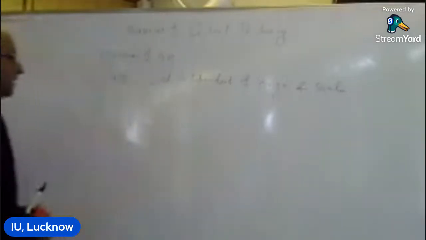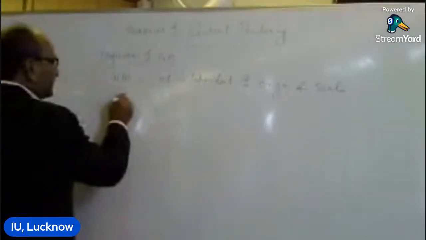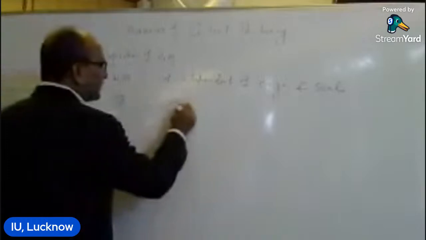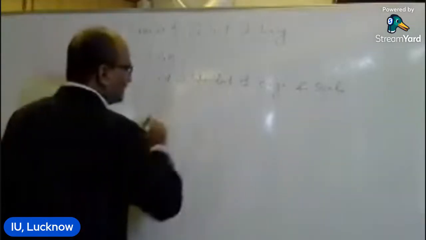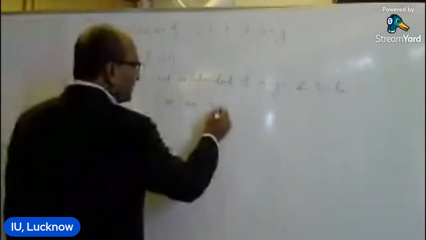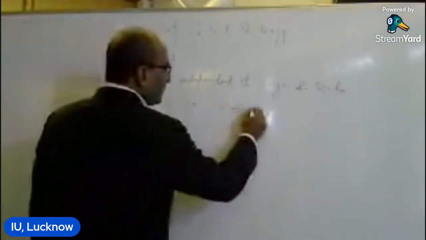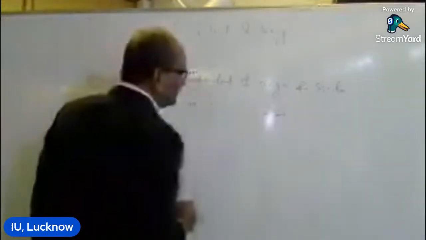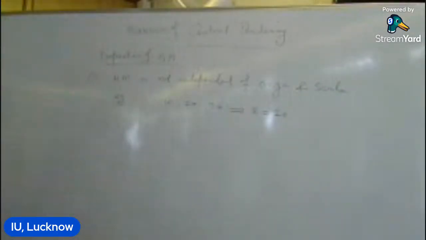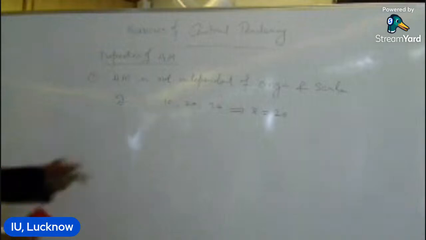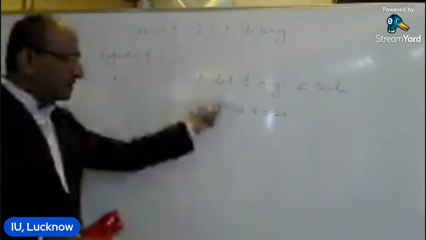For example, suppose we have the observations 10, 20 and 30. There are three observations, simple data. The arithmetic mean will be 20. Now if we change its origin and scale, let us see what the arithmetic mean will be.